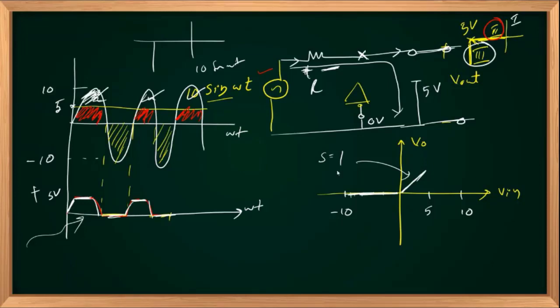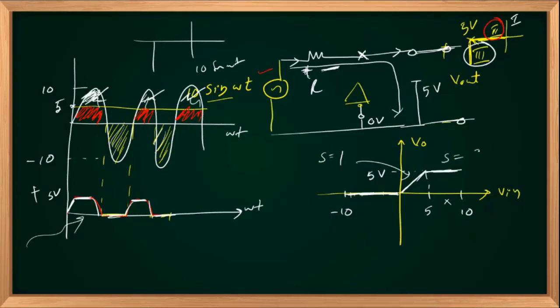Once V in crosses 5 volts and can go up to 10 volts in this particular example, V out is clipped, and that level of clipping is nothing but 5 volts. So this circuit actually clips the negative portion of the input waveform plus all the portion with a V in greater than 5.